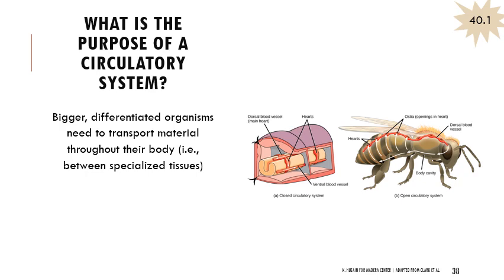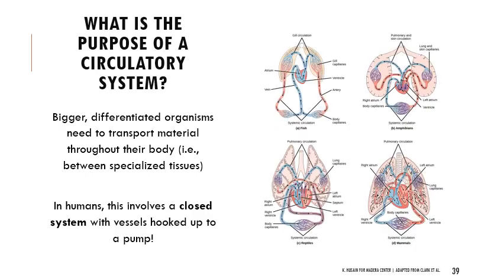Okay, so when we're thinking about a circulatory system and why we even need it, remember that we have many layers of tissue. So we have to get stuff from the outside into that tissue. We need to get stuff from one part of the body to the other. And so we need a circulatory system to move stuff through our body. In humans, we do not have an open circulatory system with hemolymph like insects do.